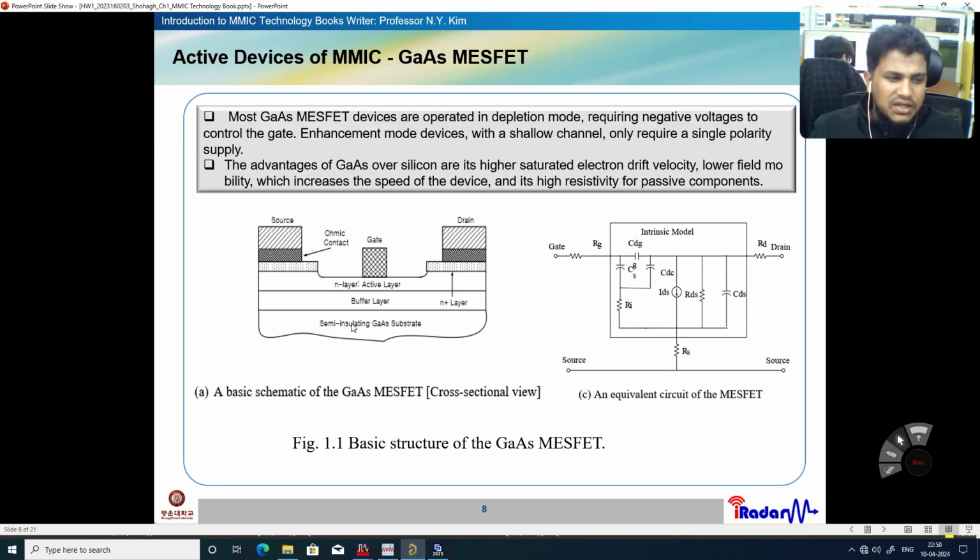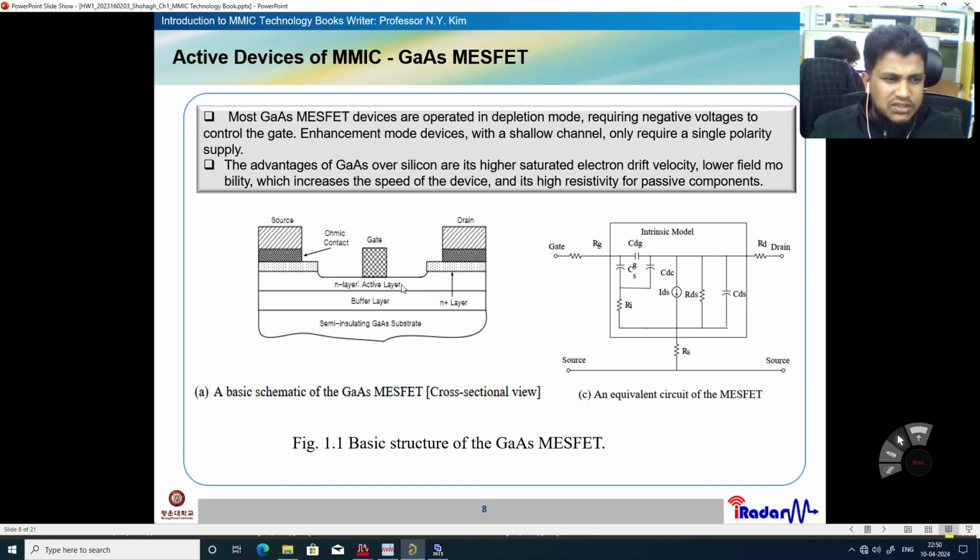Here is the cross sectional view of the gallium arsenide metal semiconductor field effect transistor. We know the field effect transistor has three terminals: drain, source and gate. Actually the gate controls the voltage between drain and source.